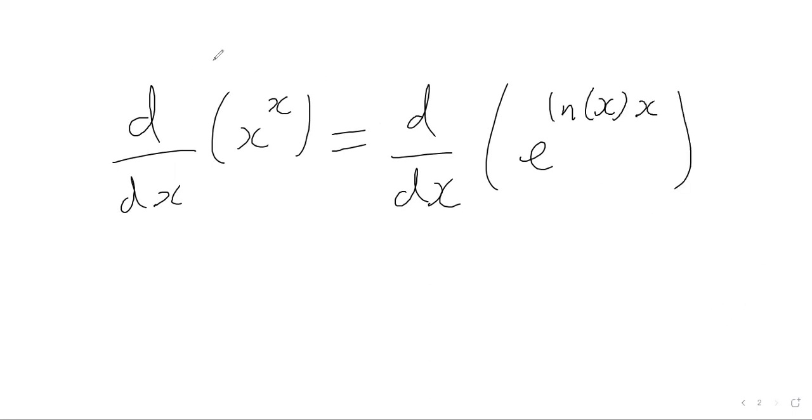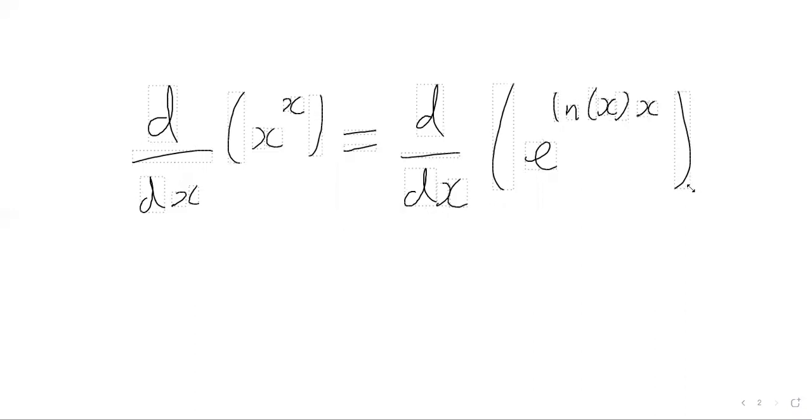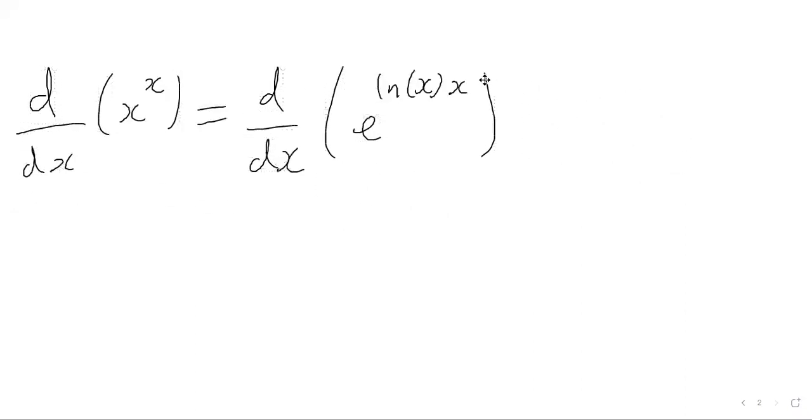Now we can use the chain rule, because we've got an exponential function, and inside that exponential function we're inserting the ln x times x function. We've done lots of chain rule examples in previous videos, so you can check those out as well.